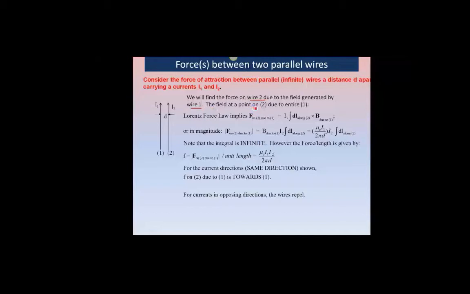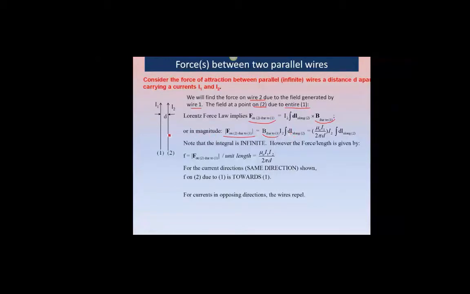The field for a point on 2 due to the entire wire 1, so we're using the infinite length wire result, will give us a force. That force will be equal to I2 times the integral of dl along wire 2 times the B due to 1. The magnitude of the force on 2 due to the current in 1 is equal to B due to 1 times I2 times the integral of dl along 2.